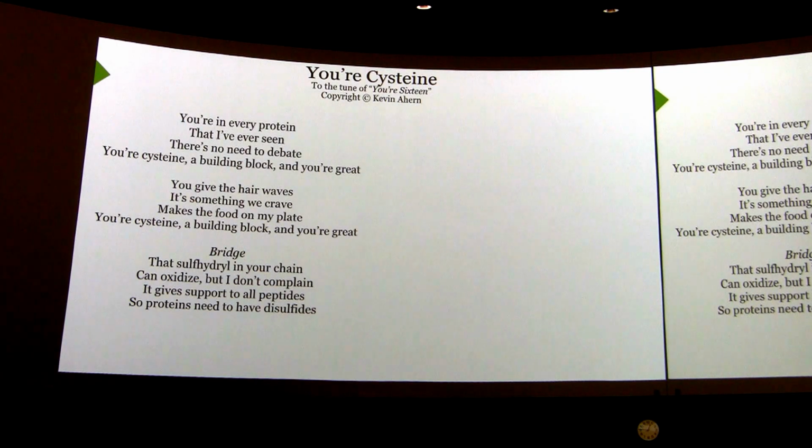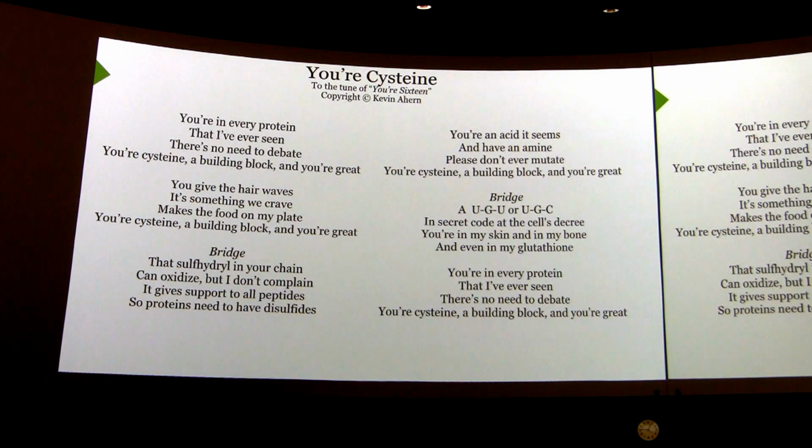That sulfhydryl in your chain can oxidize, but I don't complain. It gives support to all peptides, so proteins need to have disulfides. You're an acid, it seems, and have an amine. Please don't ever mutate. You're cysteine, a building block, and you're great.